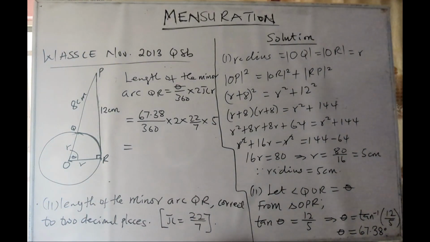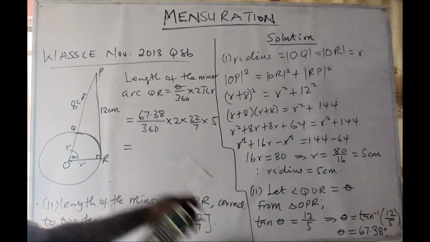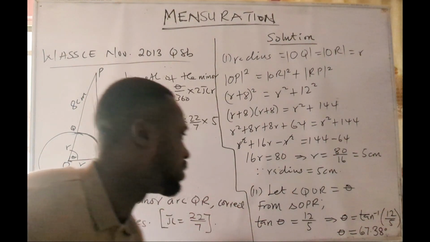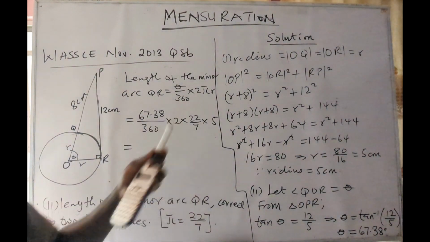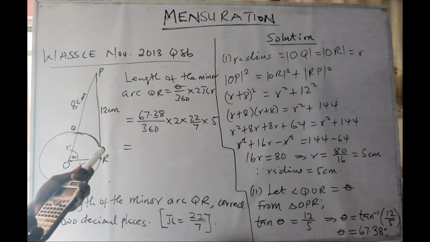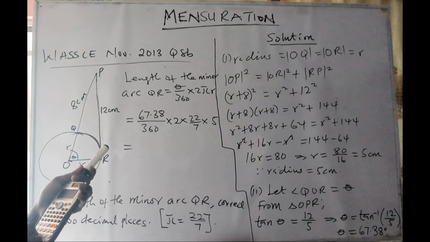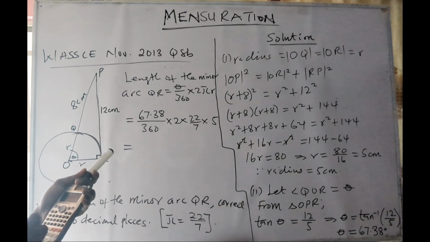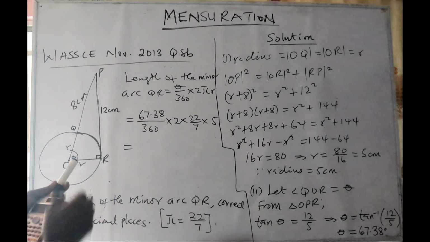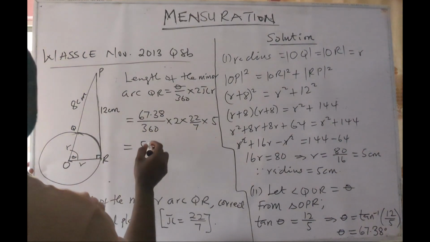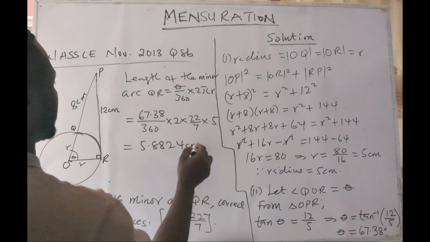So the length of the minor arc is theta on 360 times 2 pi r, where theta has been calculated as 67.38, the angle the minor arc subtends at the center. So 67.38 divided by 360 times 2 times pi, 22 on 7, times our radius 5, will give us 5.8824 centimeters.